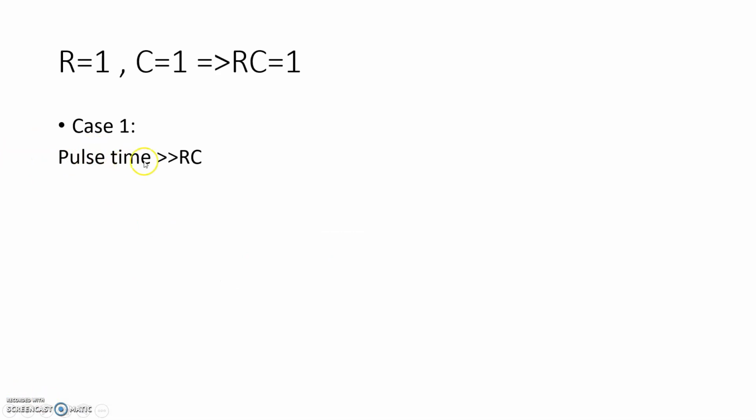Now in case 1 we are assuming pulse time very much greater than RC. Now what is pulse time of a square waveform? See, if this is my y-axis, and suppose I am plotting one particular cycle of my square waveform, which goes up to, suppose, this.